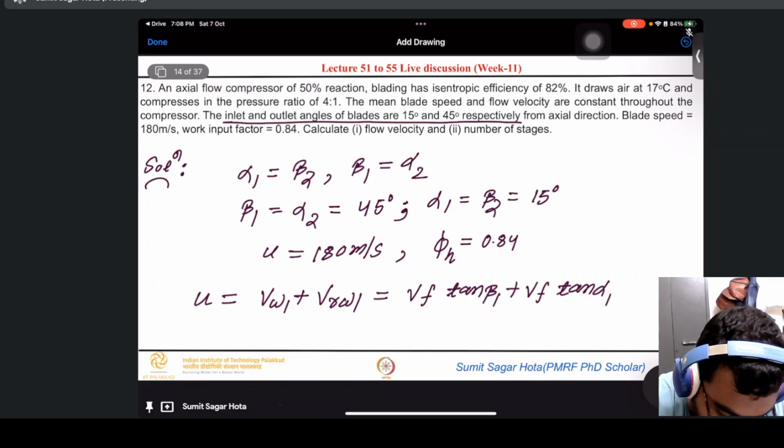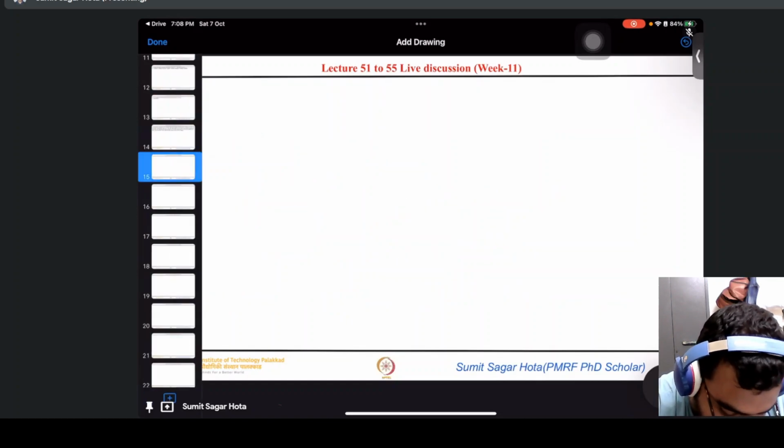I think it is better I draw the triangle, otherwise it's very difficult for you to understand.